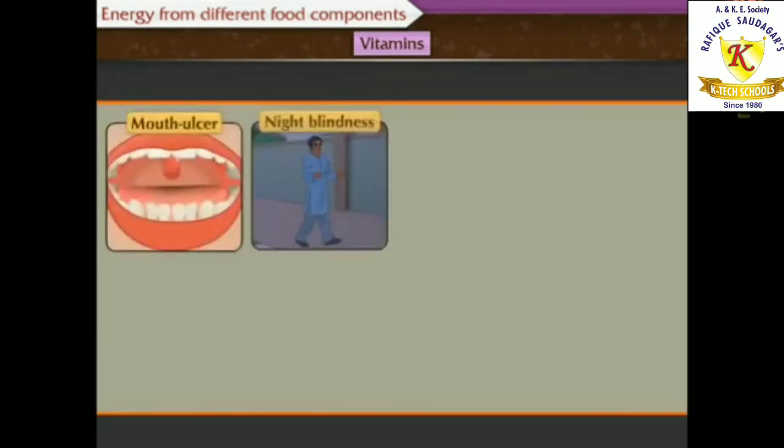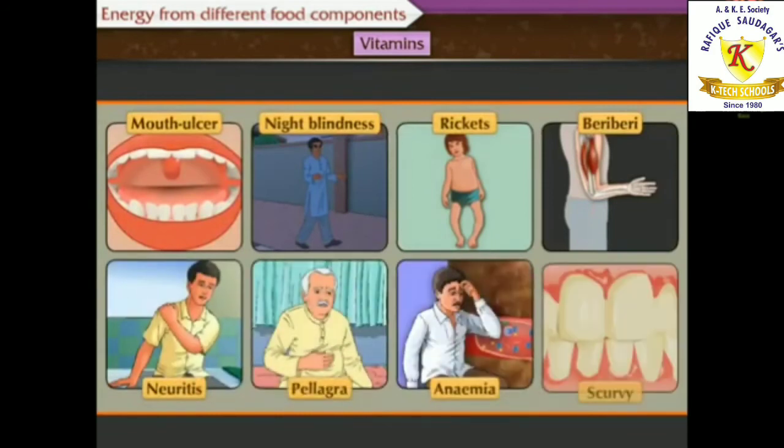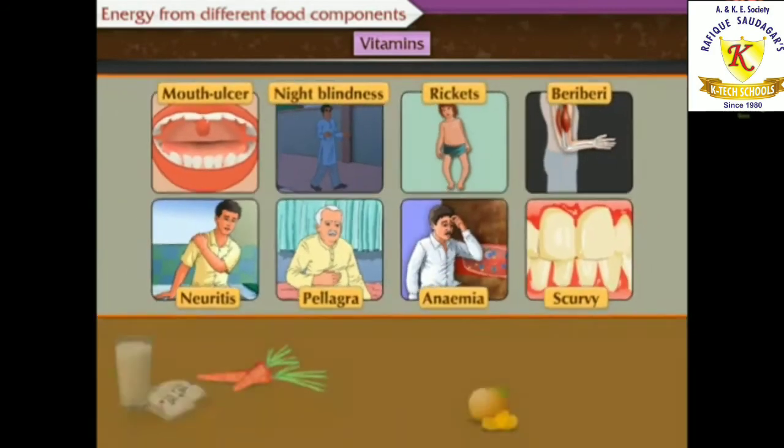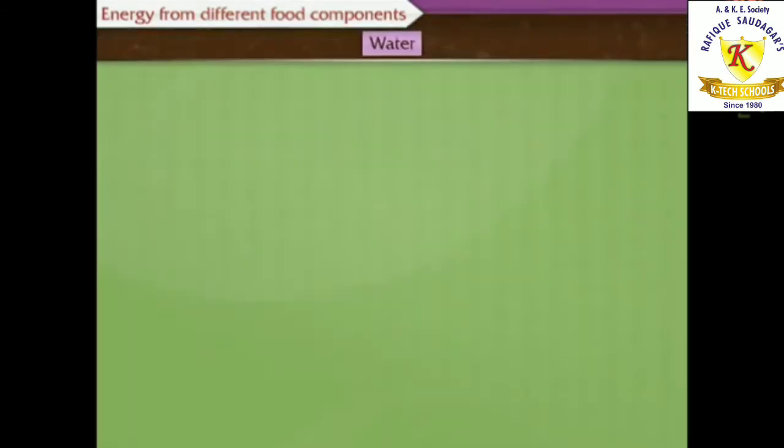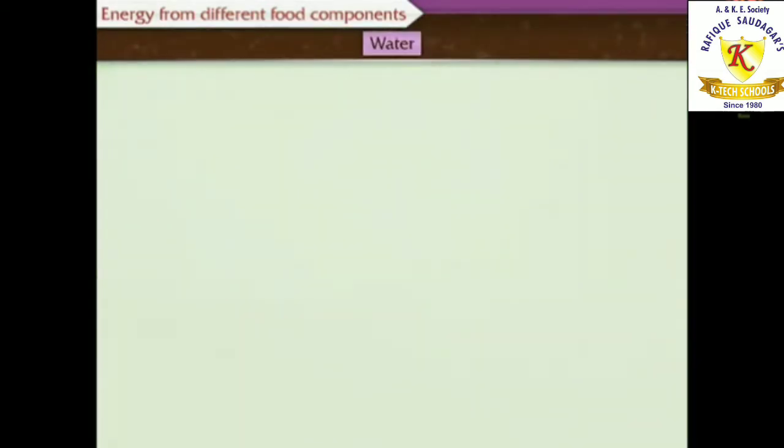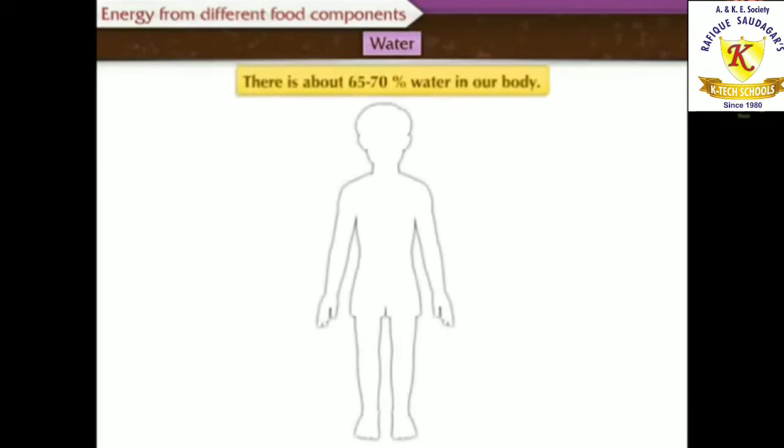So my dear children, to avoid the occurrence of such diseases and to be healthy, we must include the food source in our daily diet, which can provide us enough quantity of vitamin. Understood, children?